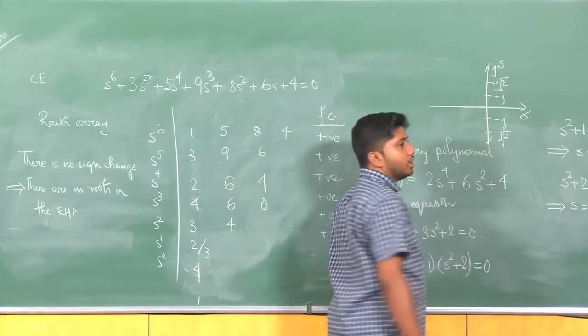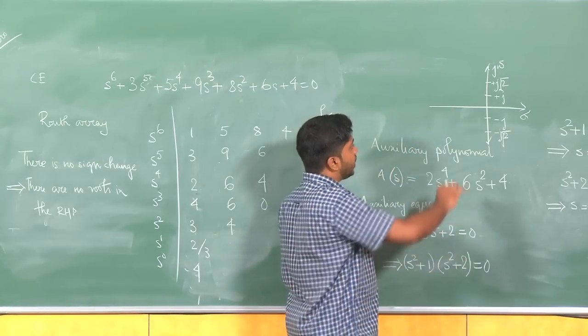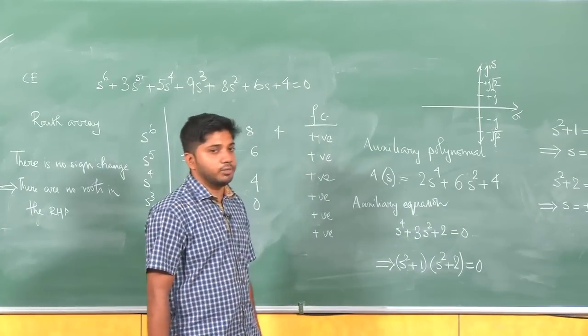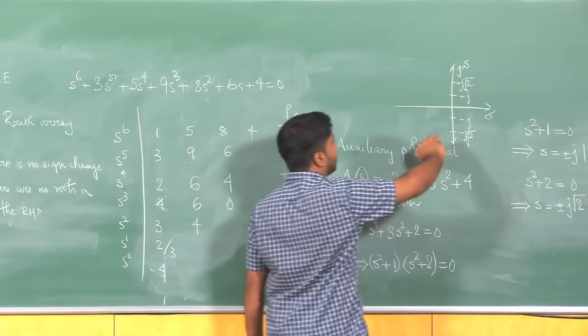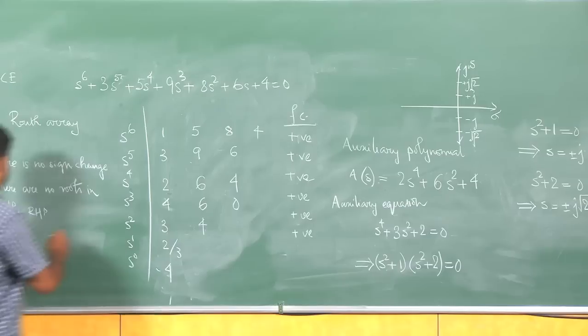What we learnt in the first lecture of module 4, that if there are non-repeated roots on the imaginary axis, then the system will be marginally stable. So, here we find that there are 4 roots on the imaginary axis, but none are repeated. So, the system is marginally stable.